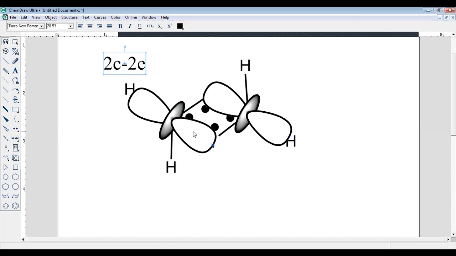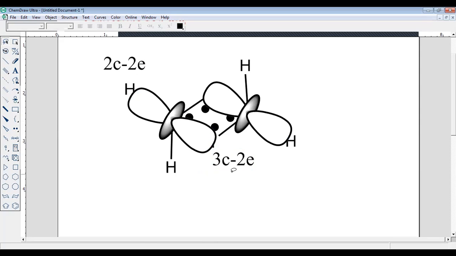Similarly, this bond is between this boron, hydrogen and boron, and this way, out of these total six BH bonds, two bonds become three center two electron.